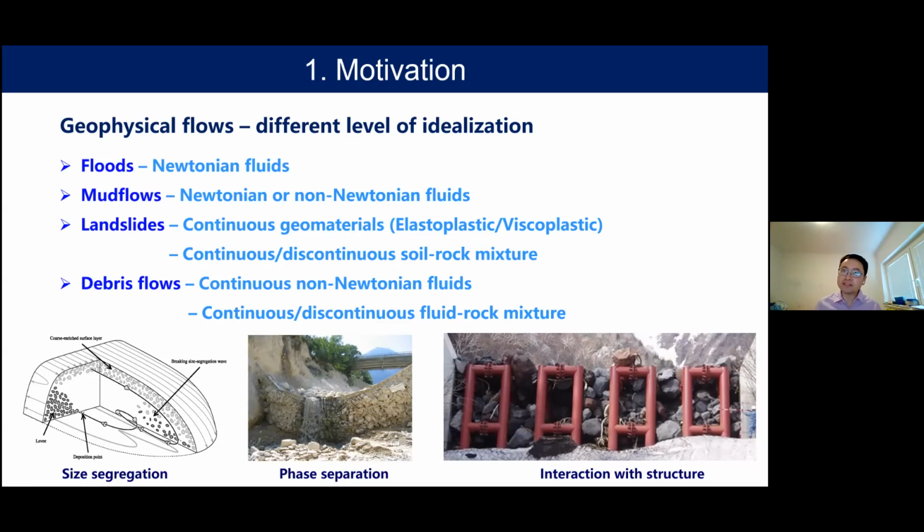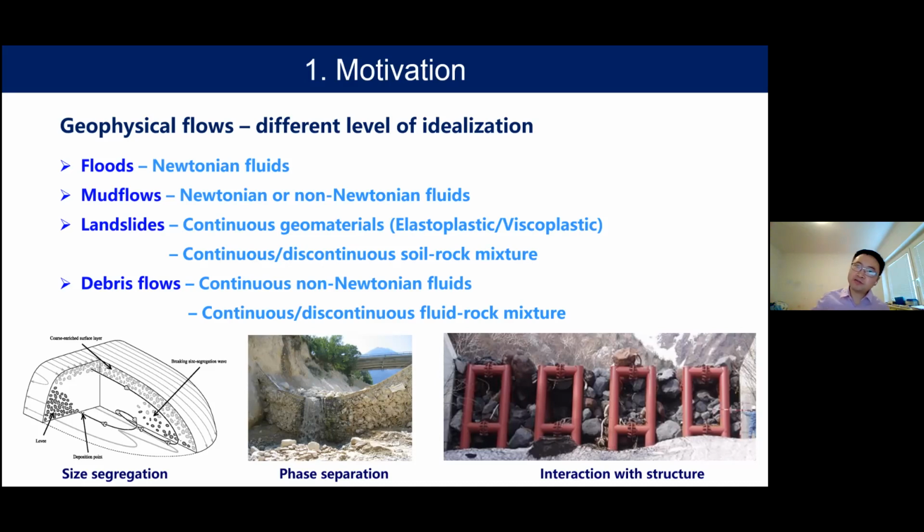In terms of landslides, because the material is geomaterials, if we consider it as continuous geomaterials, then we can use elastoplastic model or viscoplastic model or some hyperplastic model, these kinds of constitutive models from geomechanics to model it.